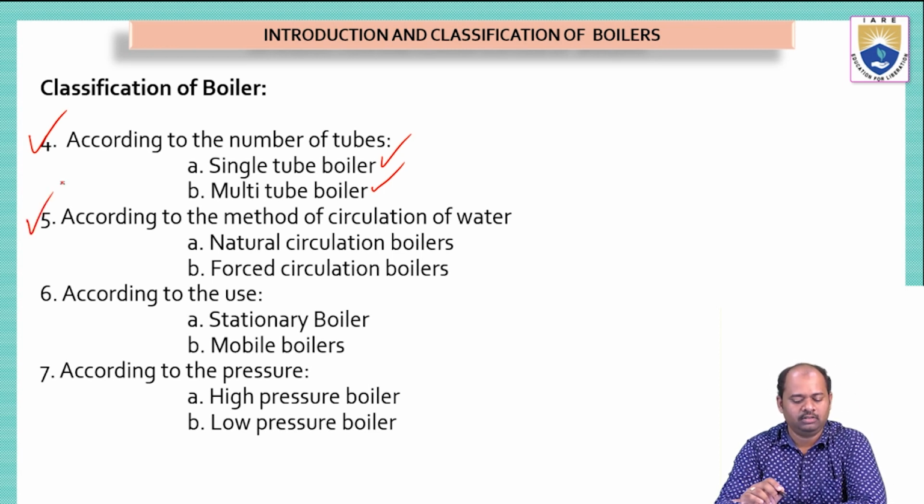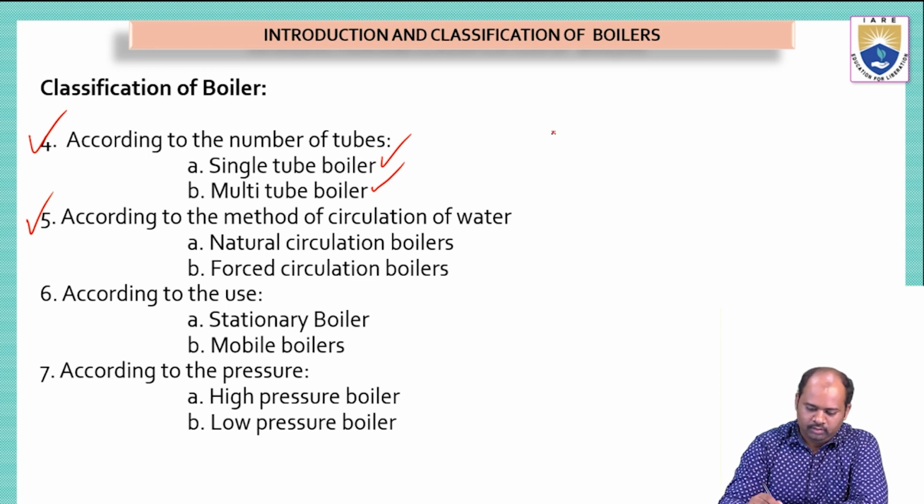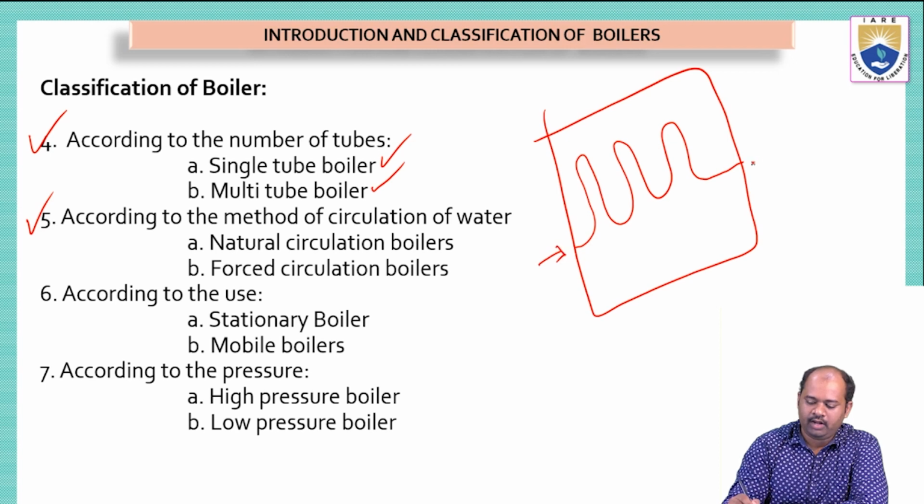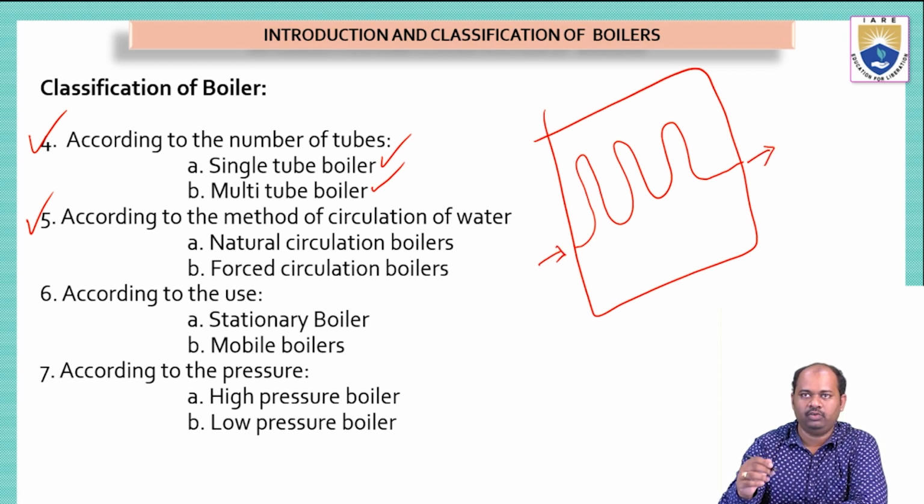Then, according to the method of circulation of water. We have seen in the previous slide that there is a tube here. Inside the tube, we have to make the water flow through it in order to make steam.